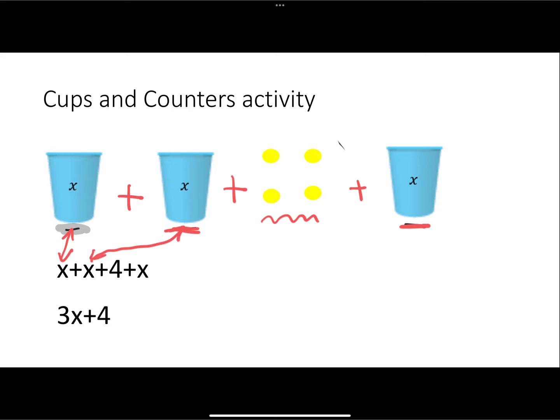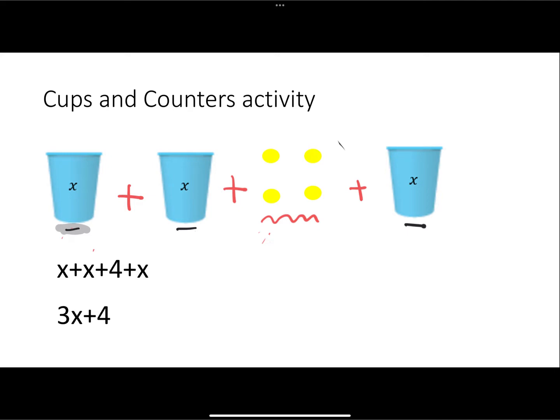This x corresponds to this one. My 4 corresponds to these dots. And lucky last, this x corresponds there. So that's how we found this equation, x plus 4 plus x.